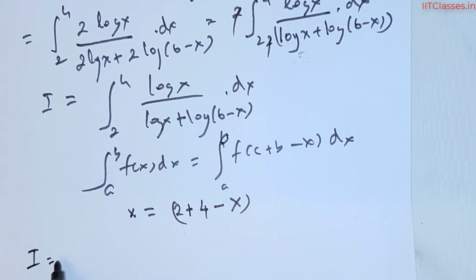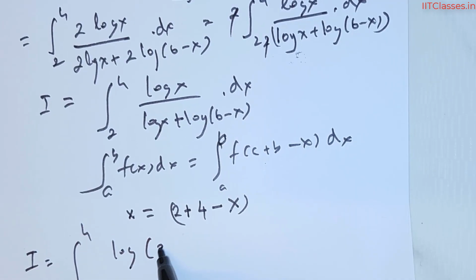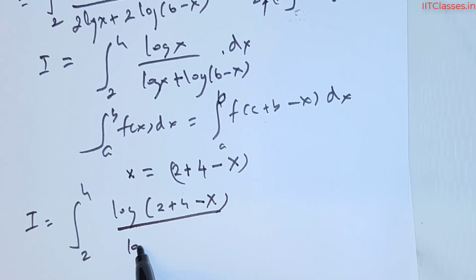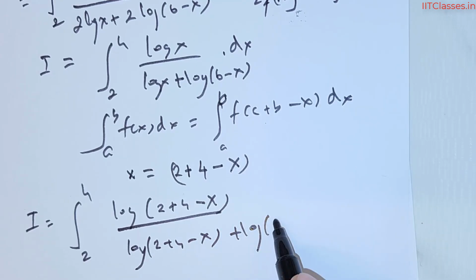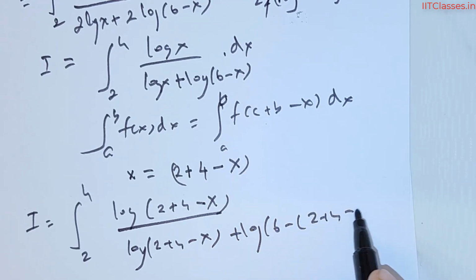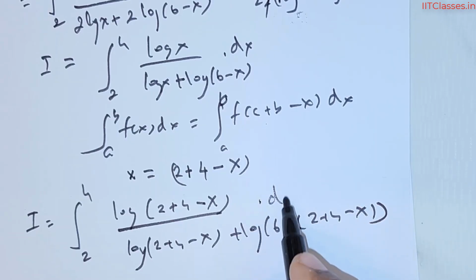So the above integral is rewritten as the integral from 2 to 4 of log of (2 + 4 − x) divided by log of (2 + 4 − x) plus log of (6 − (2 + 4 − x)), dx.